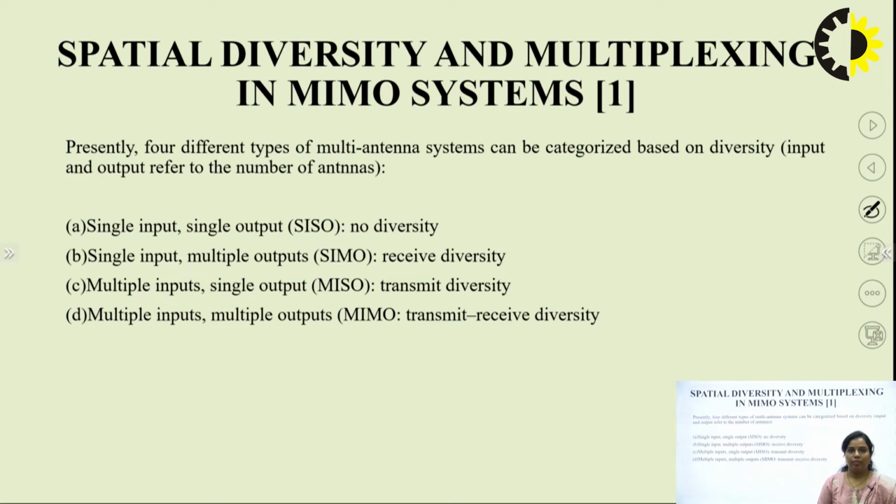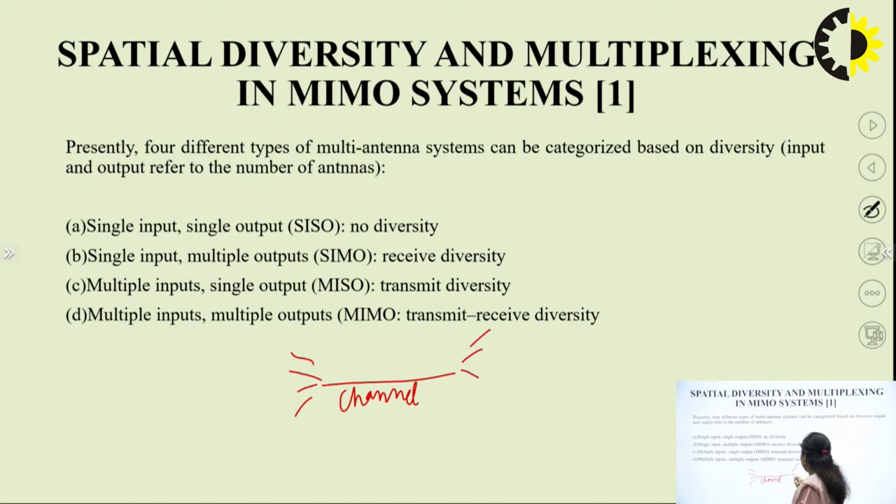Now comes the MIMO system, how this diversity or multiplexing technique will be used in MIMO system, that is multiple input, multiple output. Now you can consider this channel here. There are multiple inputs, then multiple outputs will be there. So single input, single output means no diversity is required.